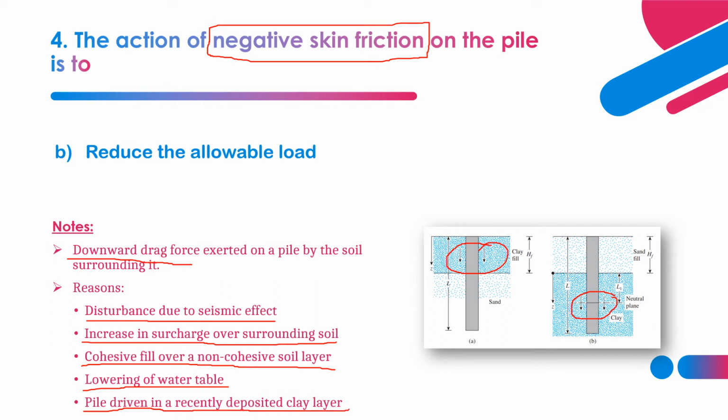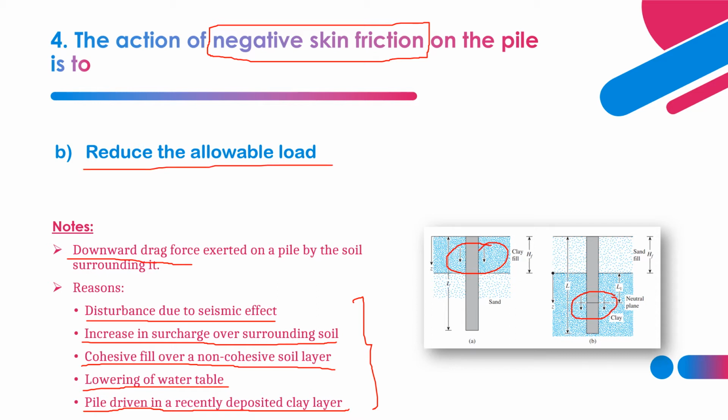Recently deposited means it is not well compacted, or it can be a very loose strata. So it can give a chance to negative skin friction. These are some reasons that will be responsible for negative skin friction. So the action of negative skin friction is to reduce the allowable load.